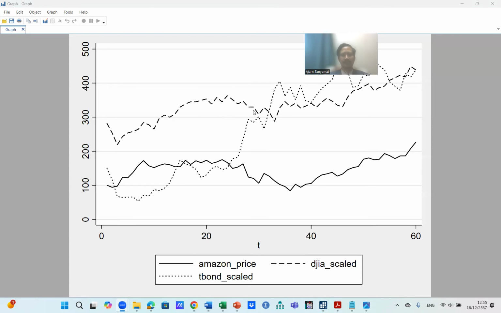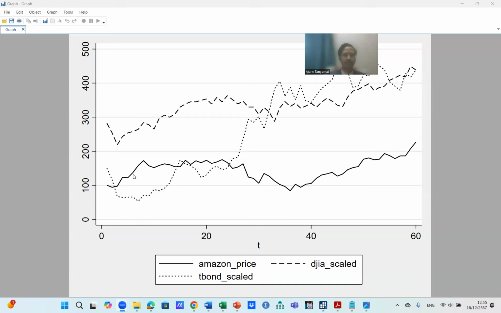So it seems like Amazon follows pretty well with DJIA, and there seems to be slight divergence between DJIA and Amazon price, you know. So the stocks seem to go against the T-bond as we kind of hypothesized. But, you know, this is just a visual inspection, right?